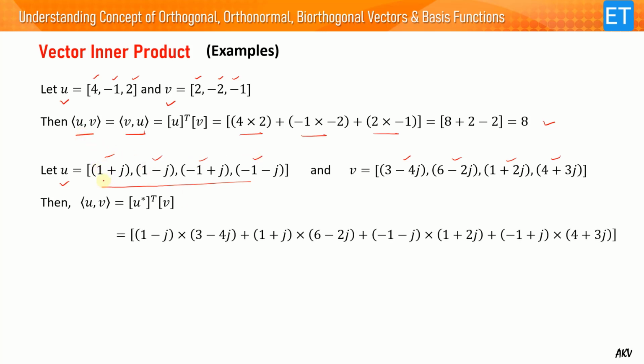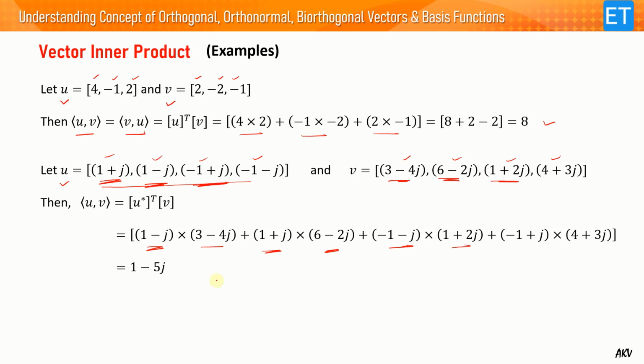So 1 plus j is now 1 minus j multiplied with 3 minus 4j, right? 1 minus j is now 1 plus j multiplied with 6 minus 2j. Minus 1 plus j is minus 1 minus j multiplied with 1 plus 2j, like that. So it means the complex conjugate of u is multiplied with v.